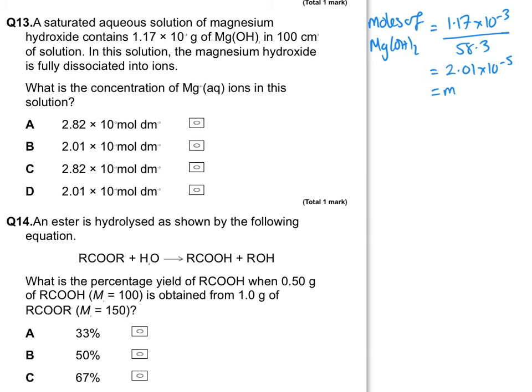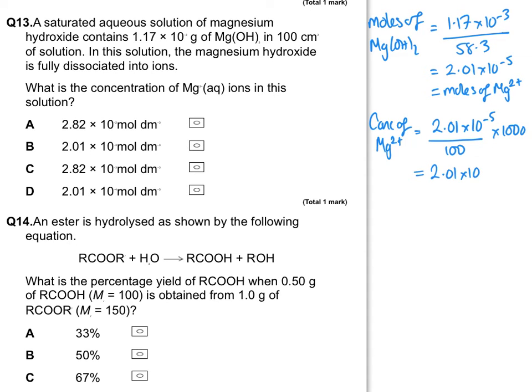So that also is equal to the moles of the magnesium ions. We can then work out the concentration of the magnesium ions by using moles divided by volume times 1,000. And that's the concentration, so it's in moles per decimetre cubed. And if you have a look at the answers, that corresponds to answer D.